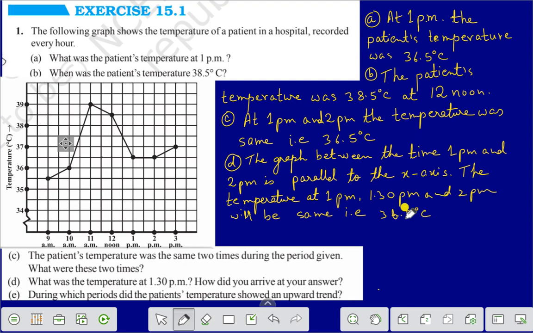During which period did the patient's temperature show an upward trend? Right? During which periods?